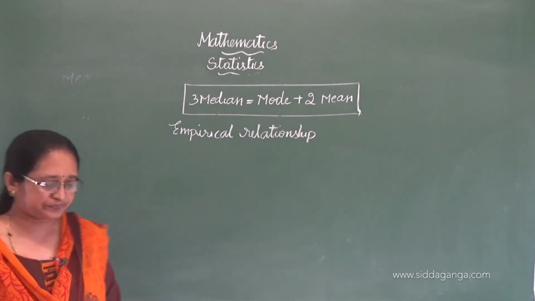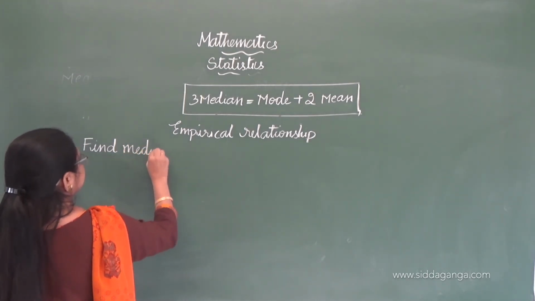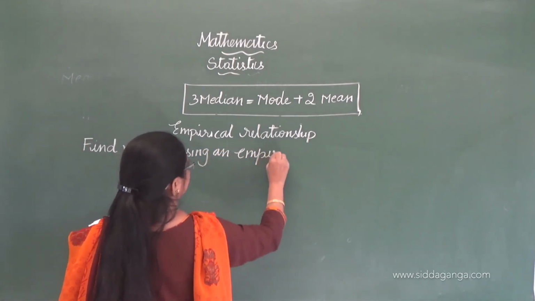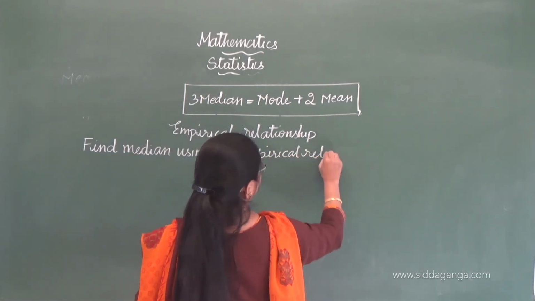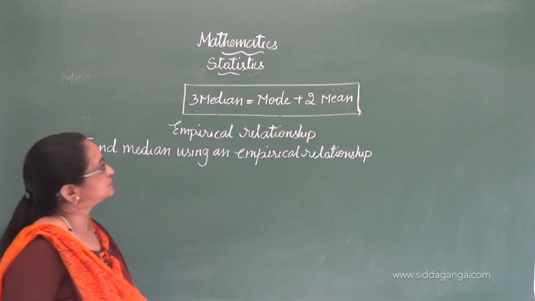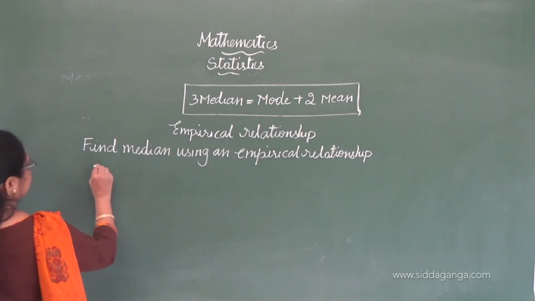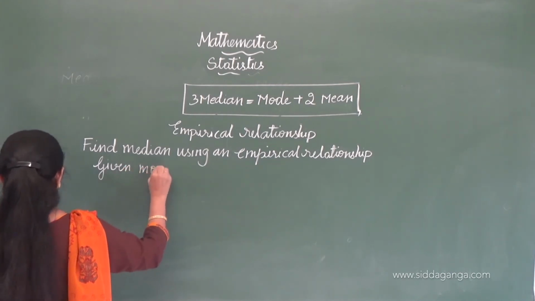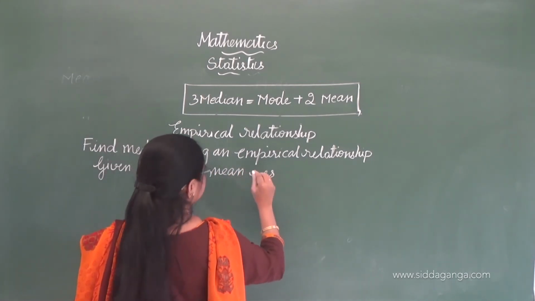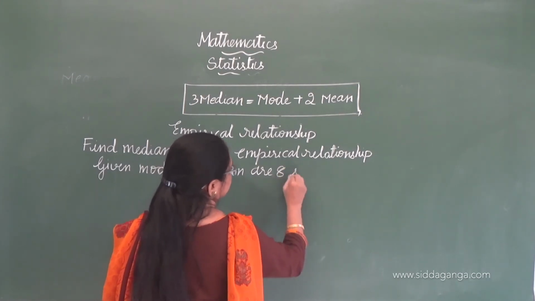Find the median using an empirical relationship given mode and mean are 8 and 9 respectively. It is not given in your textbook, but since they have given this formula, we can expect this question in the exam.